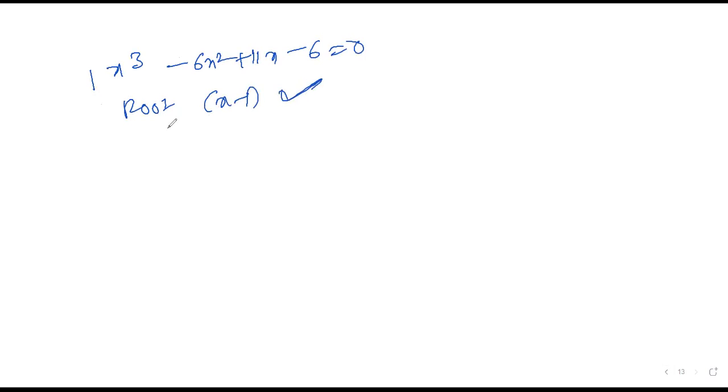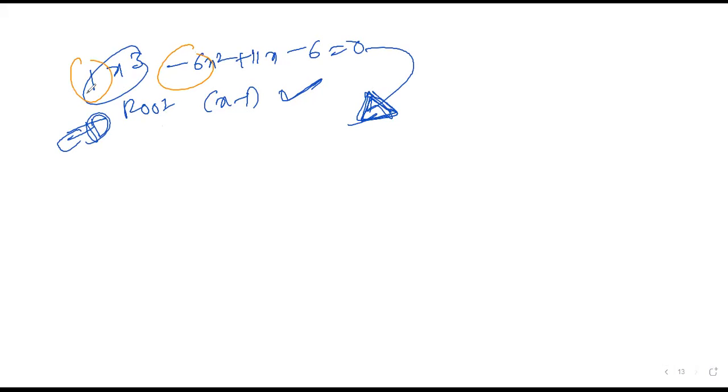Using this root, you can convert the third order equation into a second order equation. I'll tell the procedure. We have another method. First, take the equation coefficients 1, minus 6, 11, minus 6, and write them down.